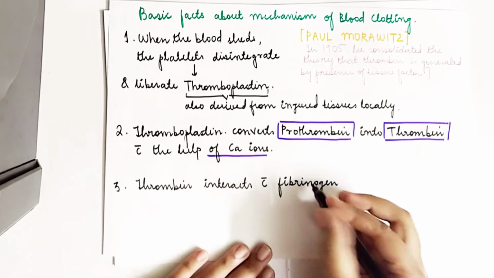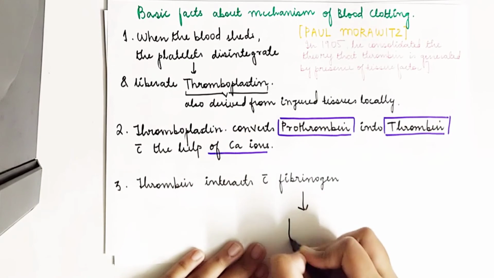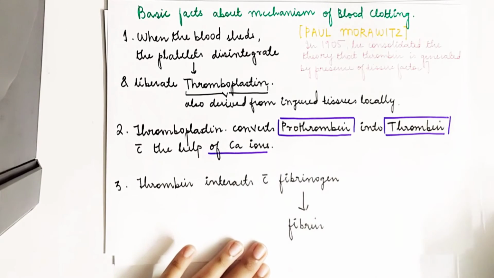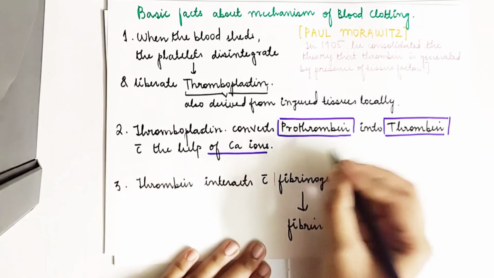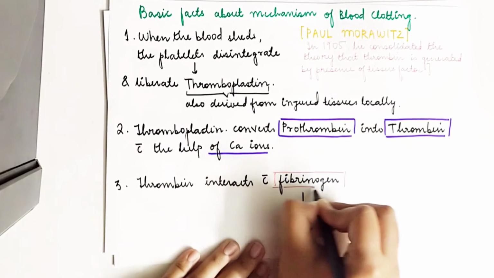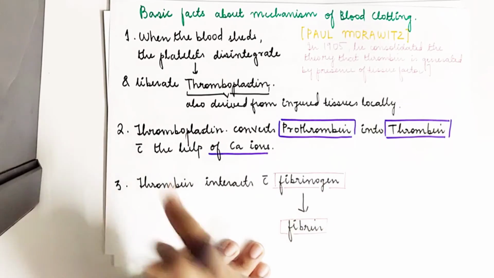This fibrinogen converts into fibrin. So this is the basic concept. Fibrinogen converts into fibrin with the help of thrombin.